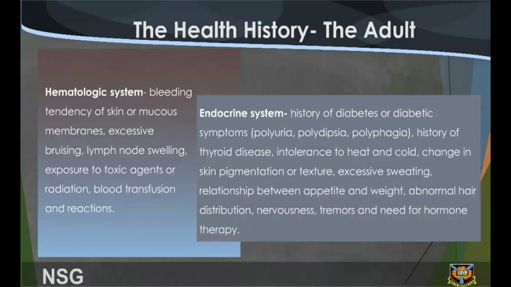Endocrine system: history of diabetes or diabetic symptoms, polyuria, polydipsia, polyphagia, history of thyroid disease, intolerance to heat and cold, change in skin pigmentation or texture, excessive sweating, relationship between appetite and weight, abnormal hair distribution, nervousness, tremors, and need for hormone therapy.